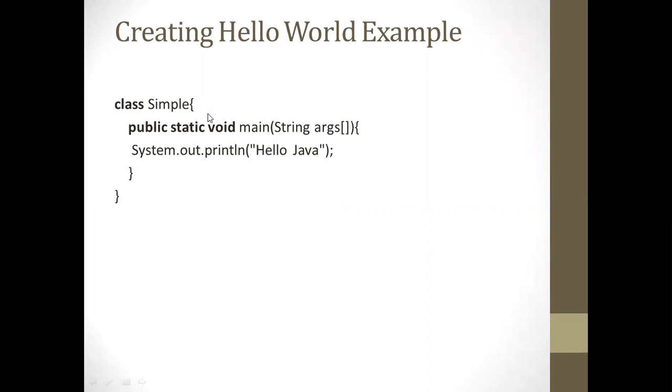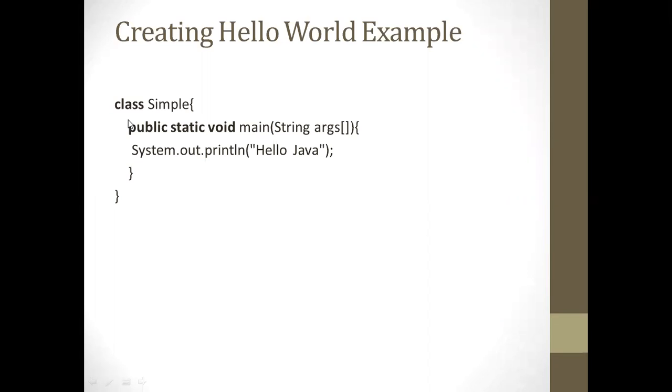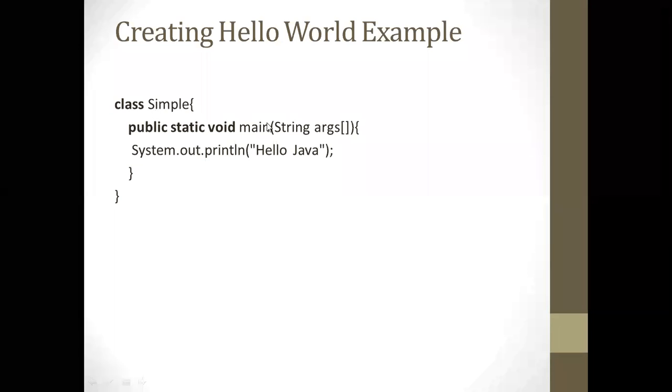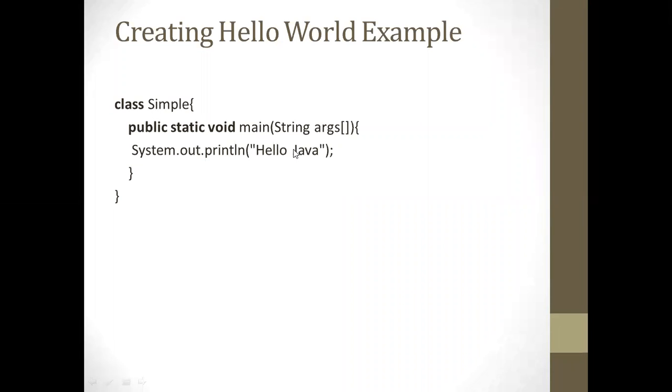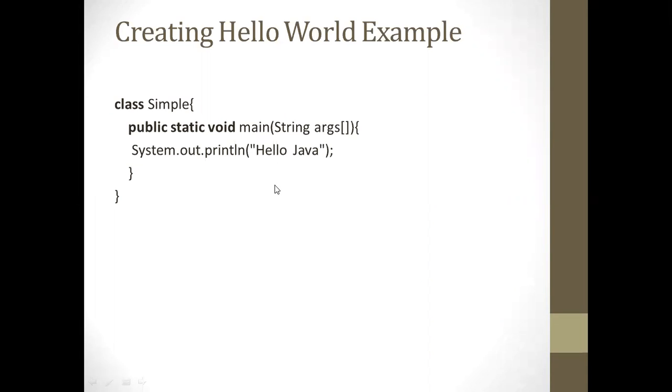Because many times students make this mistake: they don't use this keyword, they just simply write public static void main, which is not acceptable in the Java language. So you have to use this class. Everything in Java should be under some particular class, and in the class in which you are using public static void main, your main method will be executed.